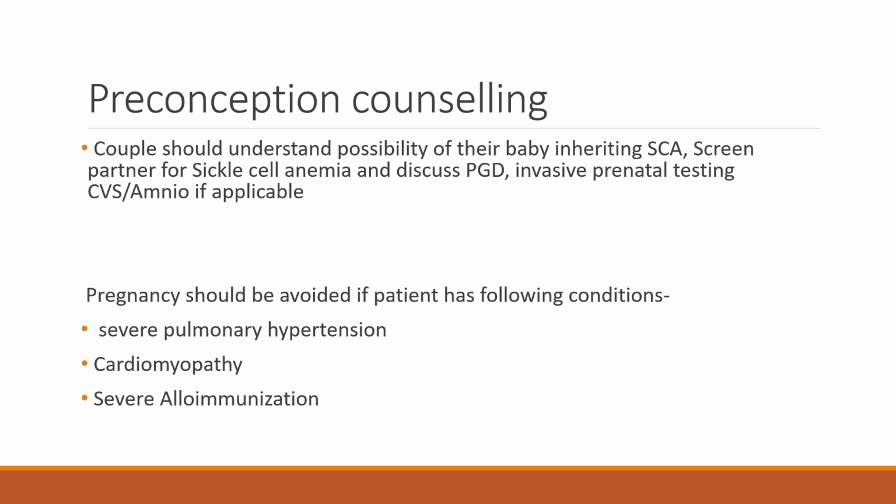The couple should understand the possibility of their baby inheriting sickle cell anemia. Remember, we spoke about the autosomal recessive nature of the disorder. So the partner or the husband should be screened for sickle cell anemia, and discussion about pre-implantation genetic diagnosis, and invasive prenatal testing like chorionic villus sampling or amniocentesis should be discussed.